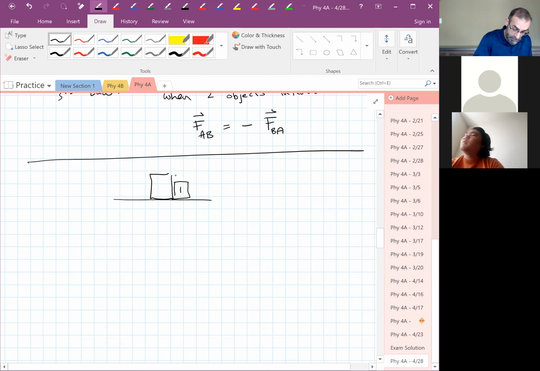Now I numbered them the other way here. Let me change it. Okay, so we've got a person pushing on 2 crates.